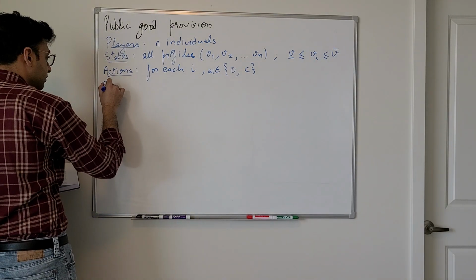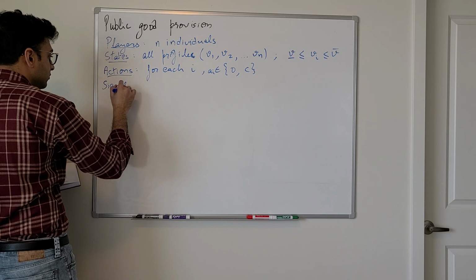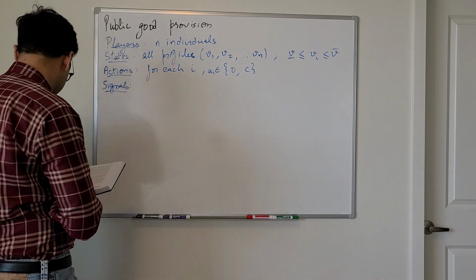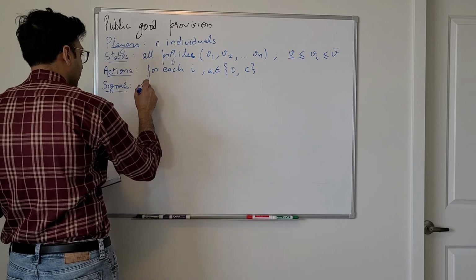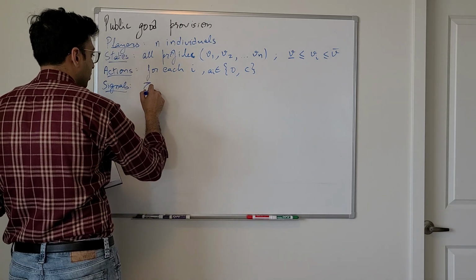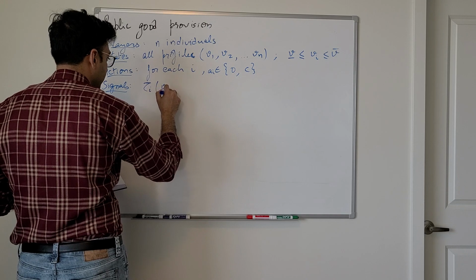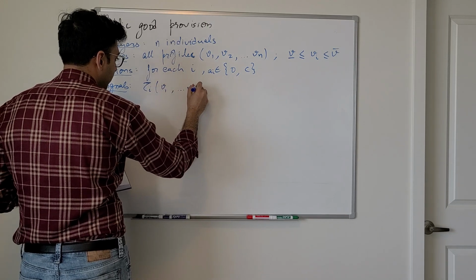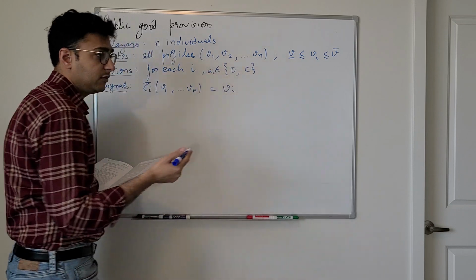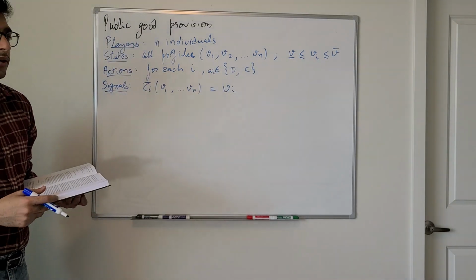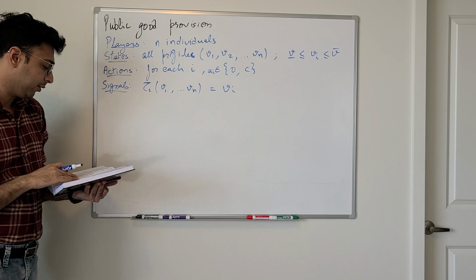The signals. The signal here, so depending upon what the state of the world is, which is V1 up to Vn, that profile, that signal just generates your own actual valuation and nothing else. You don't know anything about anybody else's valuations.